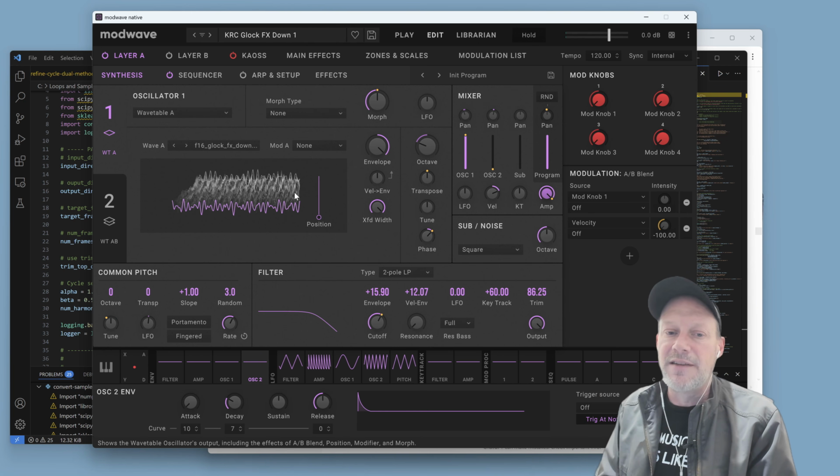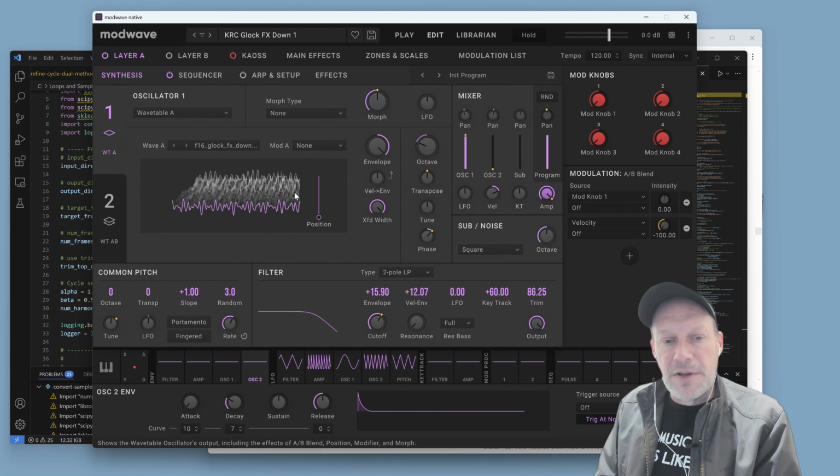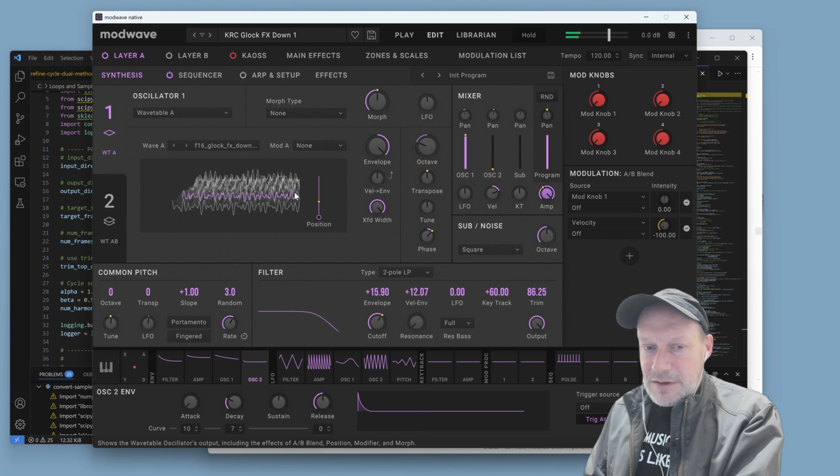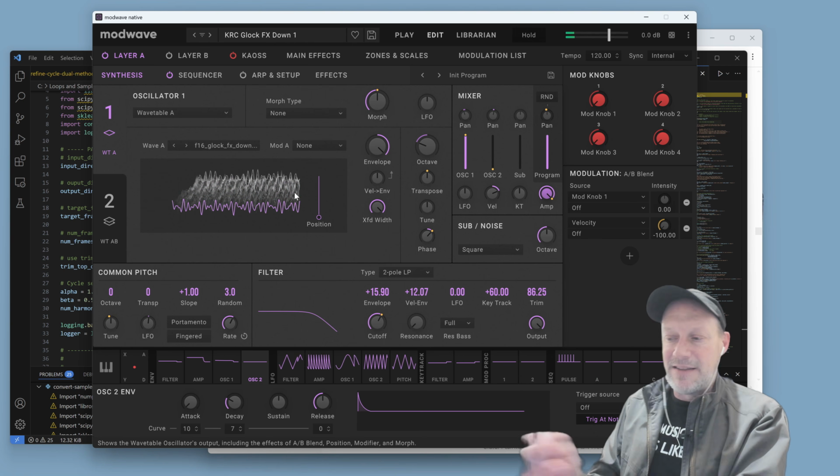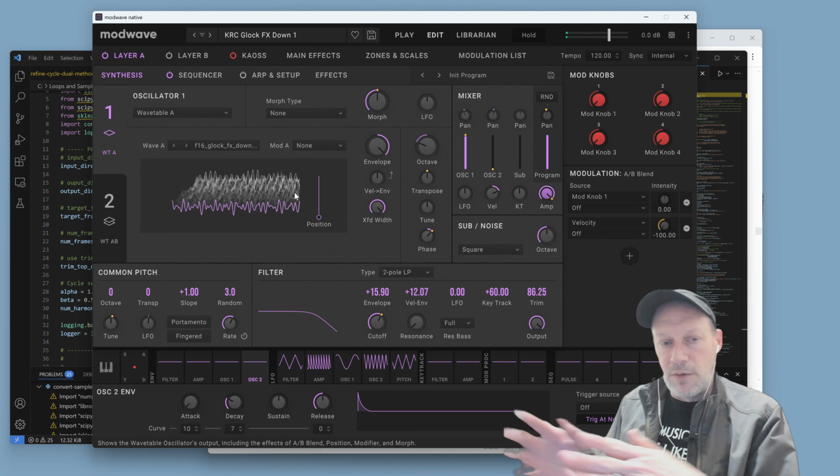Some of the variations on the polygonal waveforms look like this. But it's very interesting how this changes across the wavetable. And the timbre change comes because this is a glockenspiel run that's going down, right?